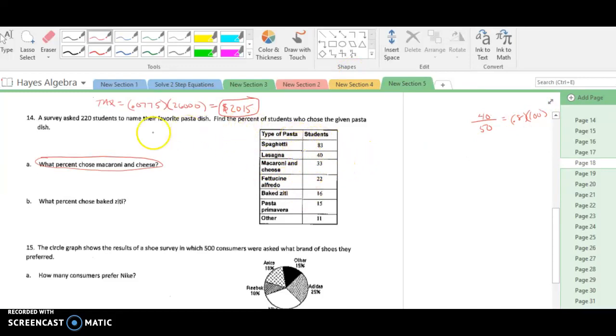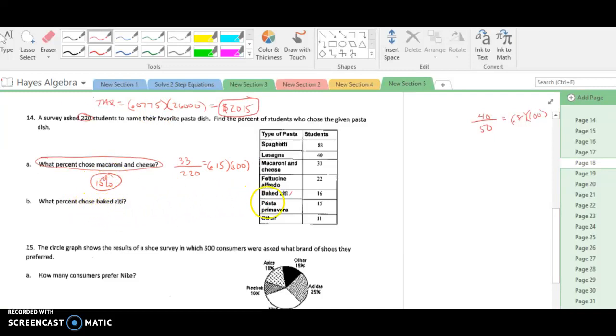How many total students were there? There were 220. So how many out of 220 chose macaroni and cheese? 33. So I'm going to take 33 divided by 220, and you get 0.15. And if I multiply that by 100, you get 15% of the kids.